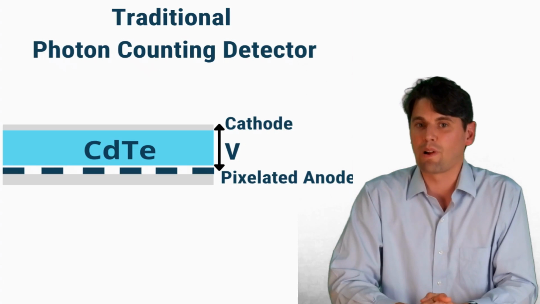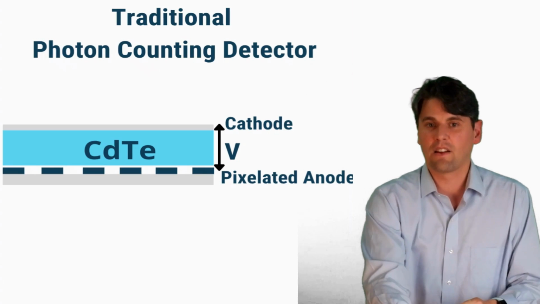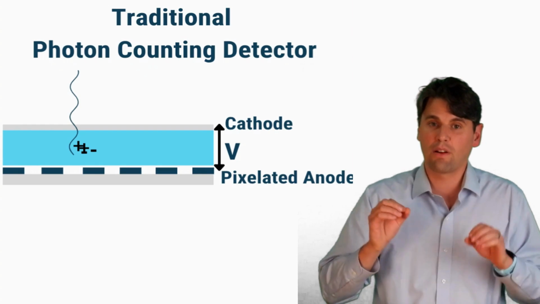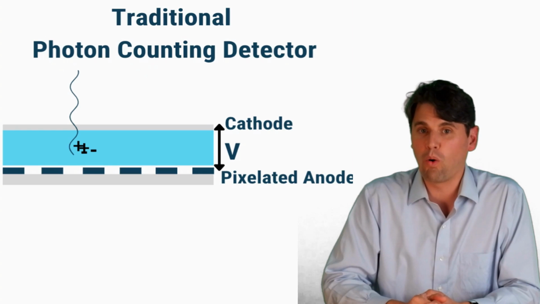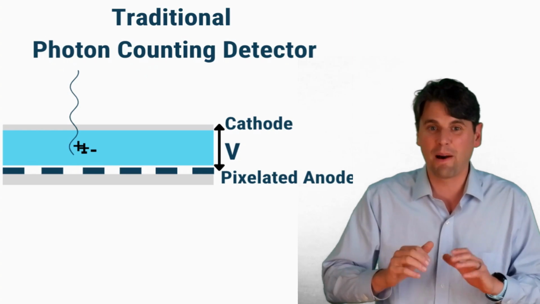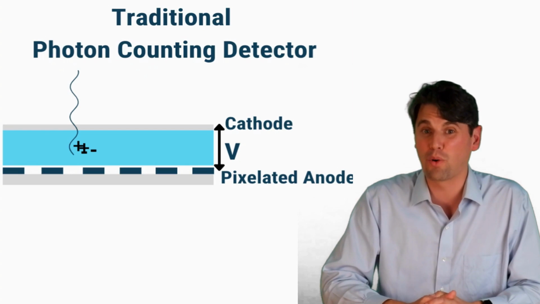The material is relatively thin, as are today's scintillation-based detectors. And as the X-rays come down, they're going to interact and generate what we call electron-hole pairs. Electrons are going to get pulled toward the anode, and the positively charged ions are going to get pulled toward the cathode.